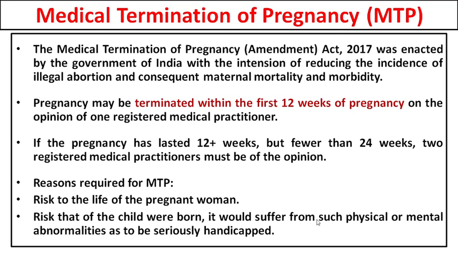So it is always better to terminate the pregnancy rather than carry it to full term. As I told you, this is decided by the medical practitioner if done within the first 12 weeks, and if done after 12 weeks, you require two doctors' opinions.